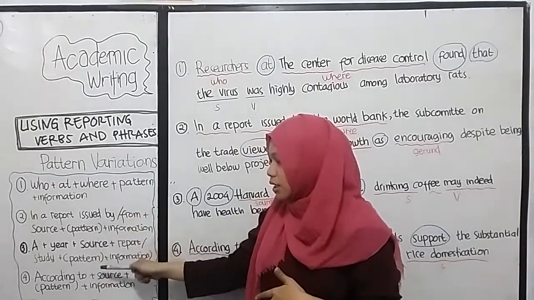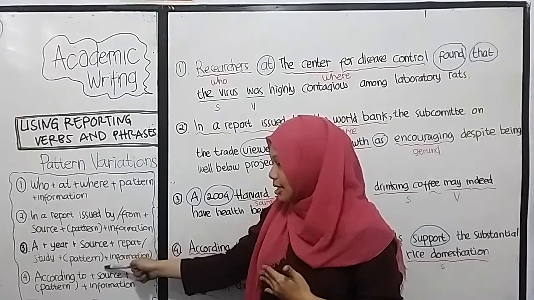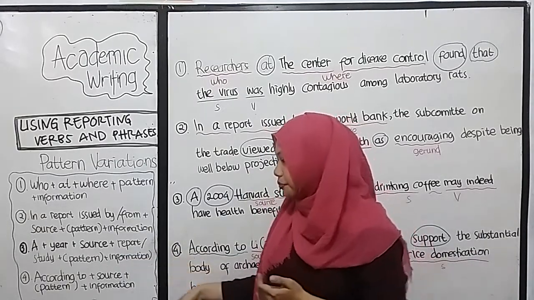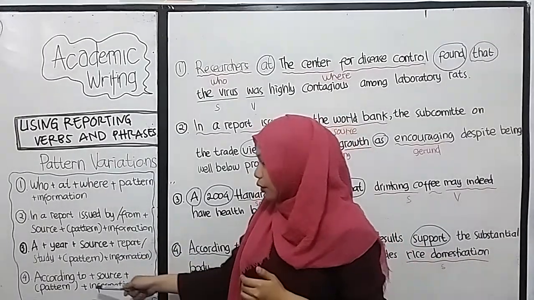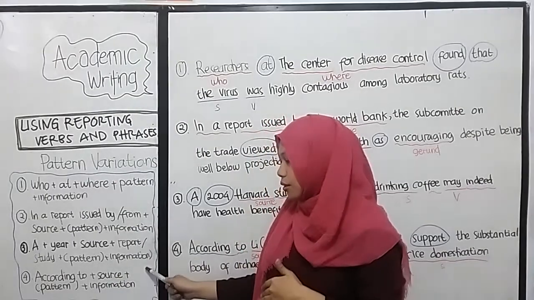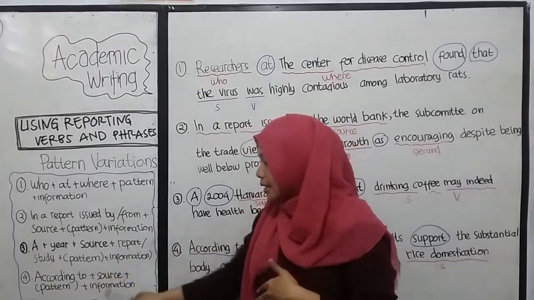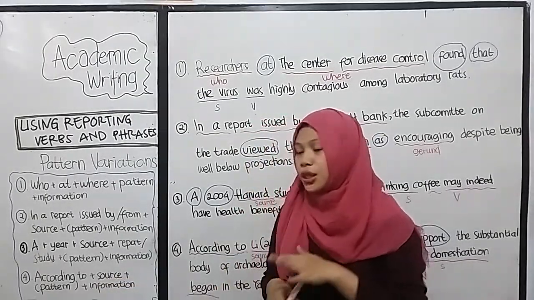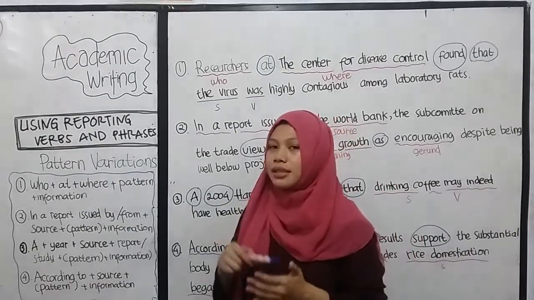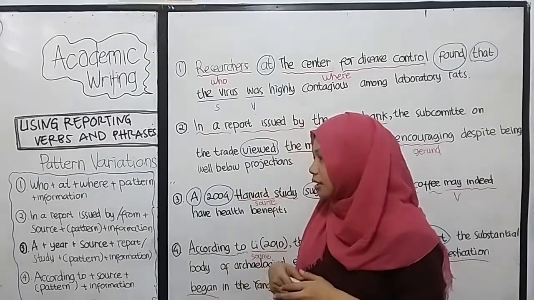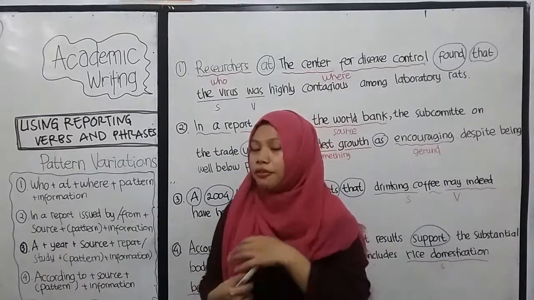Again, the same rules apply here, and then information. The last, according to plus source plus pattern plus information. To make it clearer, let's see an example of each of these pattern variations.